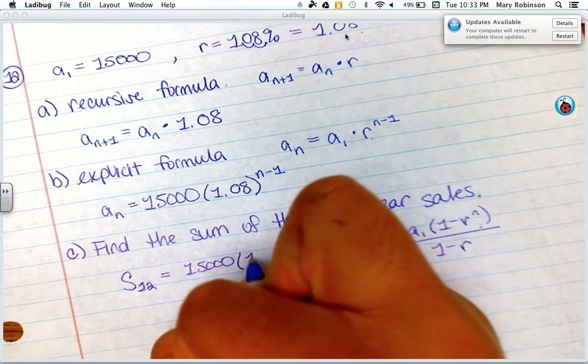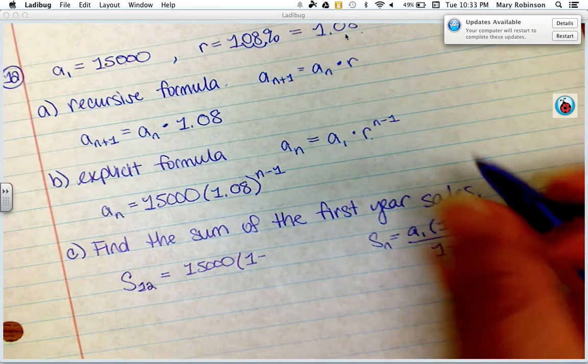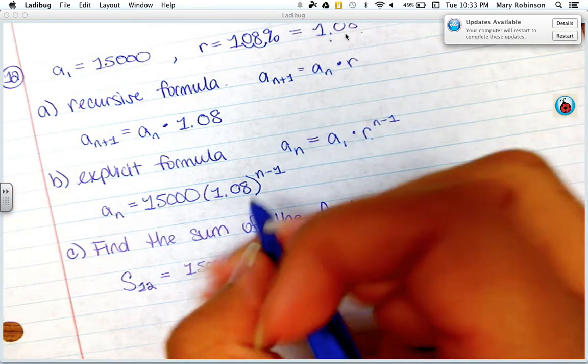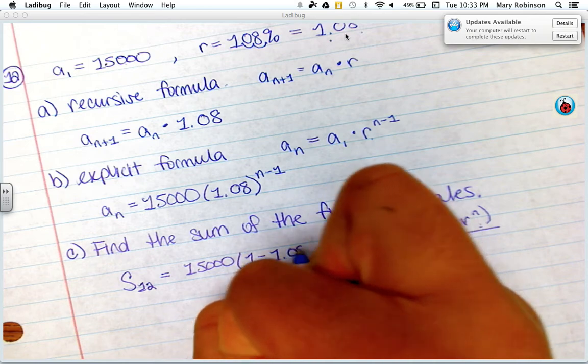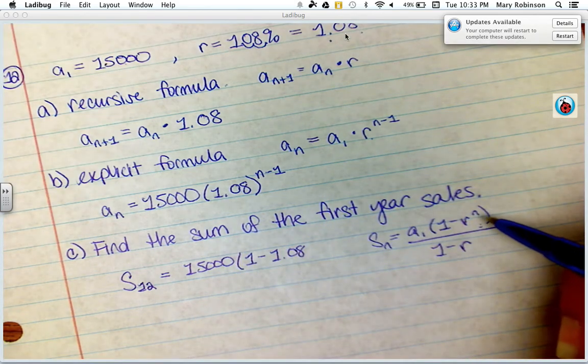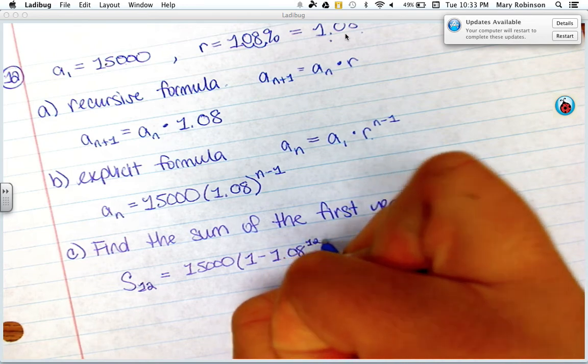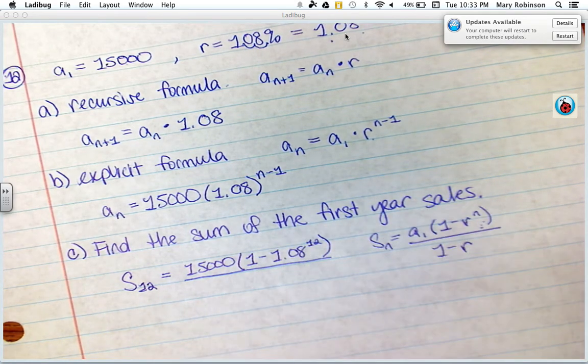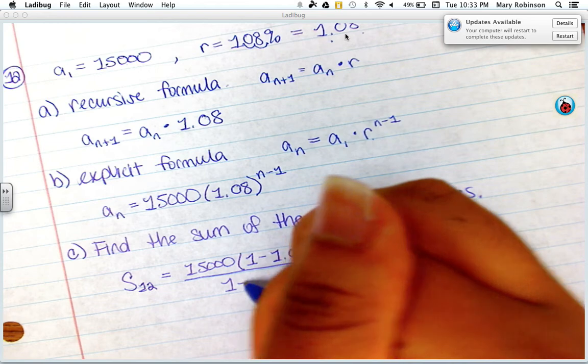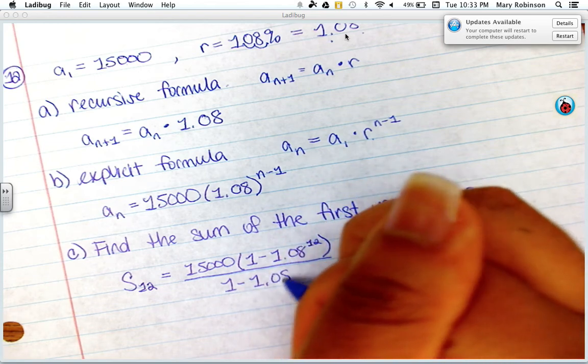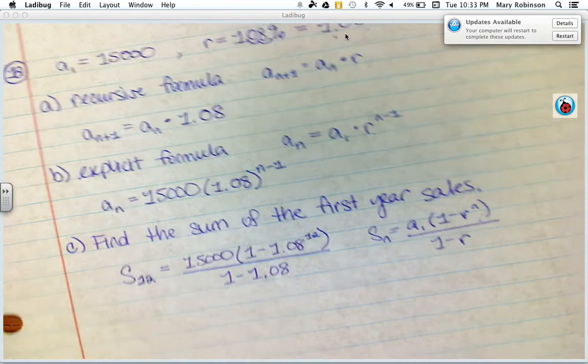So 15,000 times the quantity 1 minus r. Our r is 1.08. Our n is 12. And we're going to divide this by 1 minus r, so 1 minus 1.08. Then we're going to type this in the calculator.